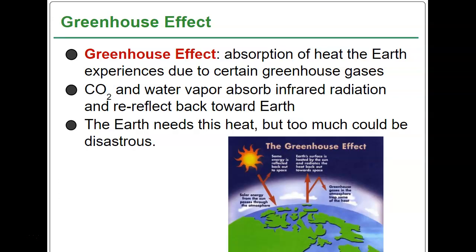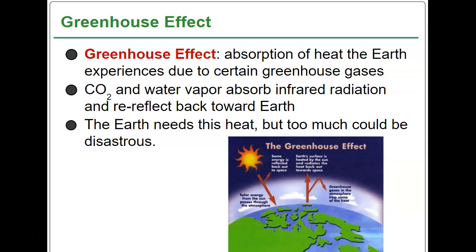We also have something called the greenhouse effect. We, as humans, have been releasing a lot of gases into the air, carbon dioxide and water vapor and things like that. And so those gases, they're called greenhouse gases. What they do is they actually absorb infrared radiation. They absorb heat. And when they do that, they actually reflect that heat back to the earth.